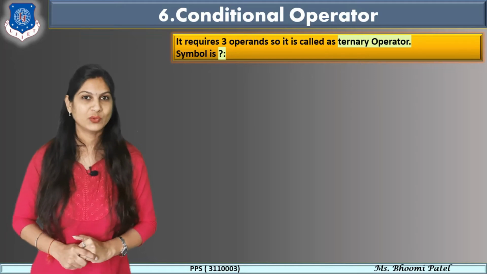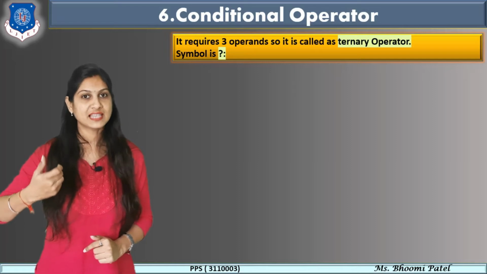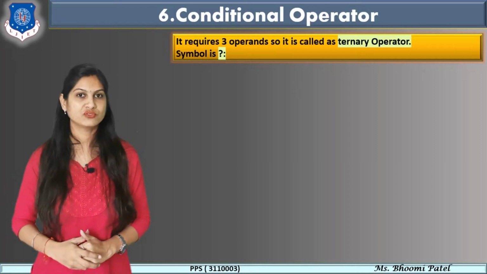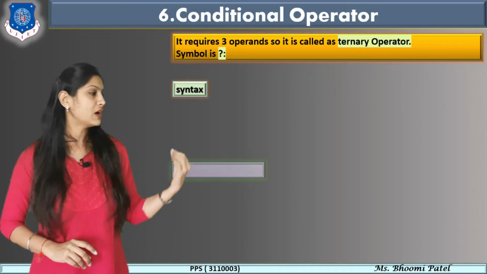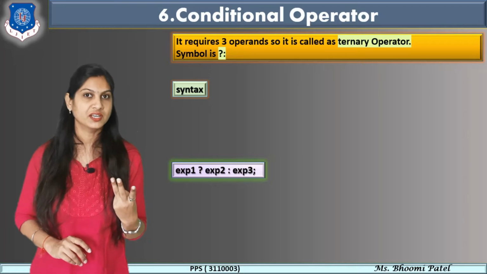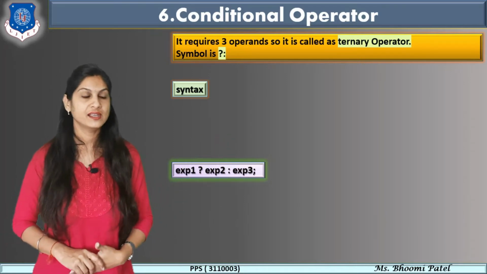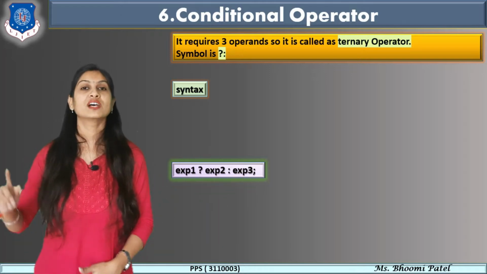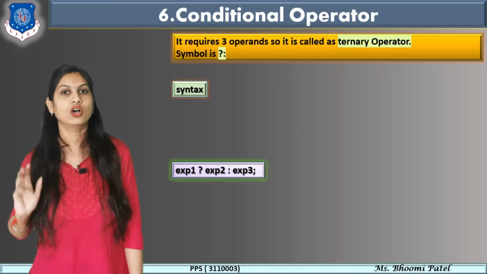Let's say here in a syntax, first you have to write 3 expressions because it is ternary. So expression 1, expression 2 and expression 3 are there, and between these 3, first we have to put a question mark and then in the second a colon.